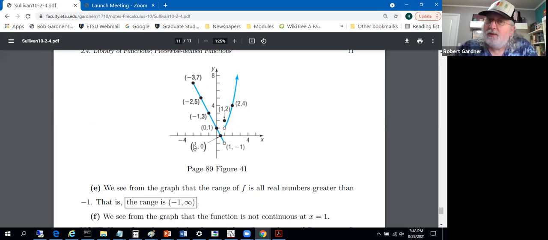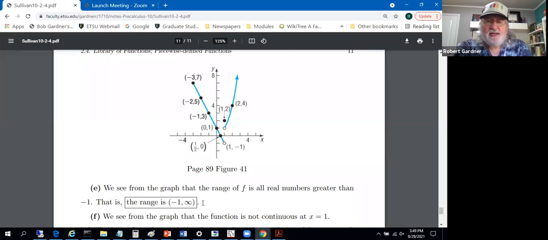There's nothing drawn. So anything strictly greater than y equals negative 1, all real numbers greater than negative 1, are outputs of the function. That is, in interval notation, the range of the function is negative 1 to infinity.